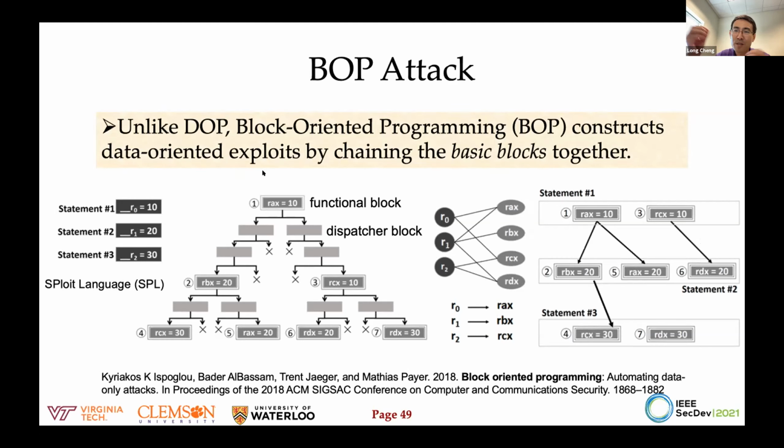But those functional blocks are disconnected. So we need to find an execution path, from the entry point to the exit point, that can connect those different statements. So we need dispatcher blocks. Those basic blocks that connect functional blocks are called dispatcher blocks.